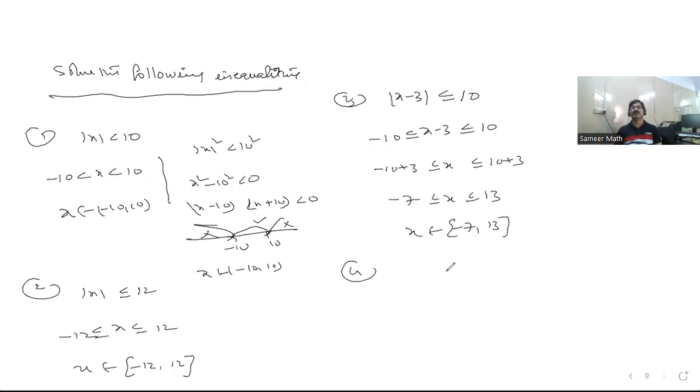Okay, fourth example. You take mod of 1 minus 5x less than 2. What to do here? You write like this, mod of 5x minus 1 less than 2, or 5x minus 1 greater than minus 2 and less than 2, sir.